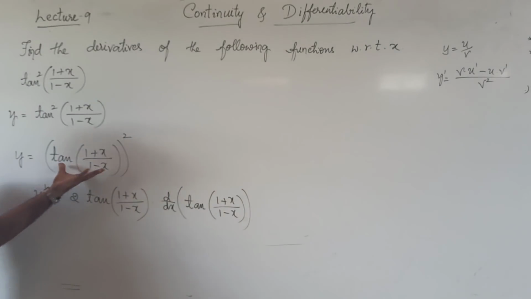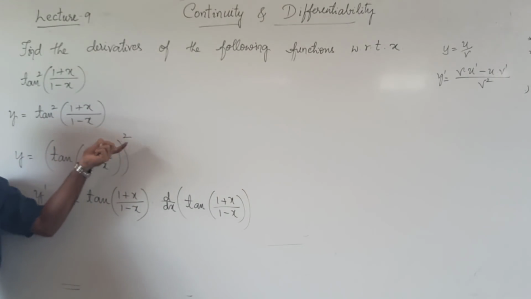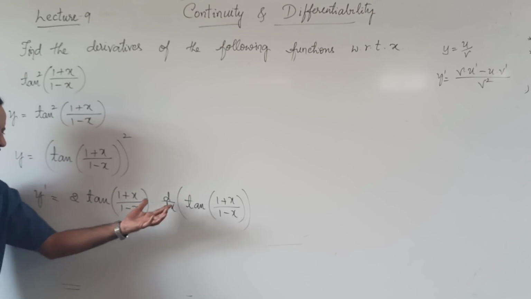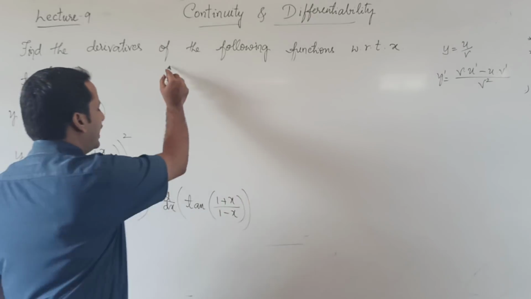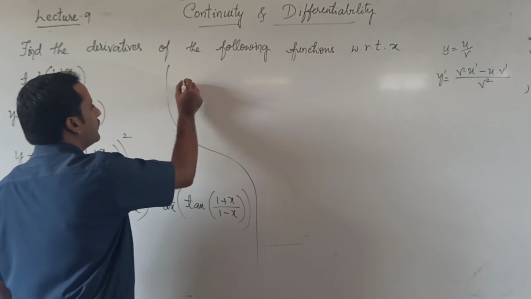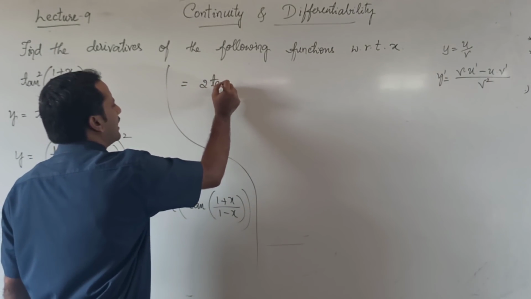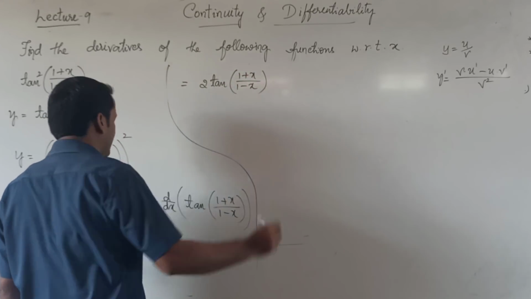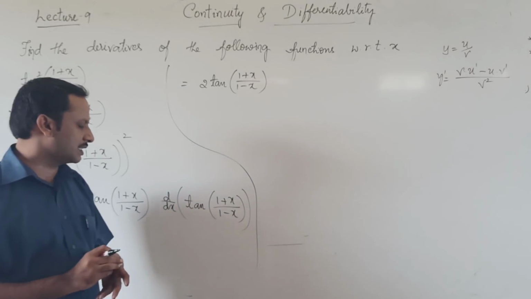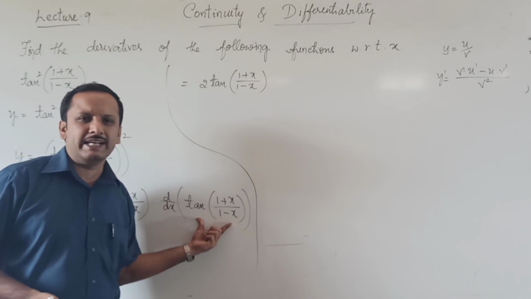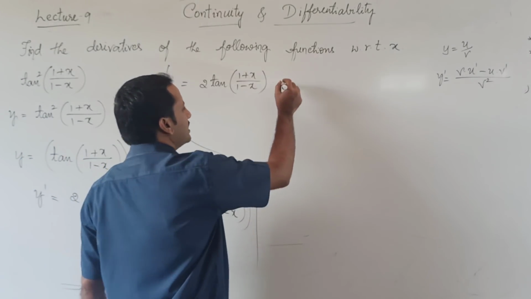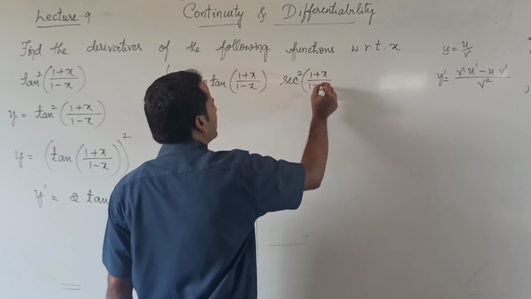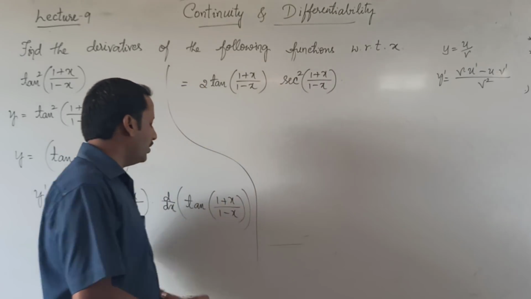So first we imagined this as x square. The derivative of x square is 2x. We wrote into the derivative of this expression. So that is equal to 2 tan (1 plus x by 1 minus x) into the derivative of tan of this expression. It looks like tan x. The derivative of tan x is secant square x. So here you get secant square (1 plus x by 1 minus x) into what next?